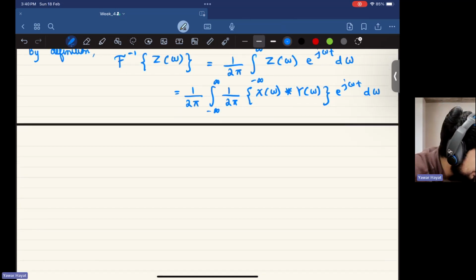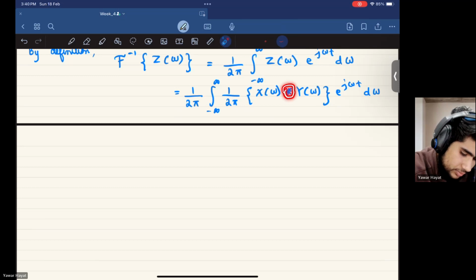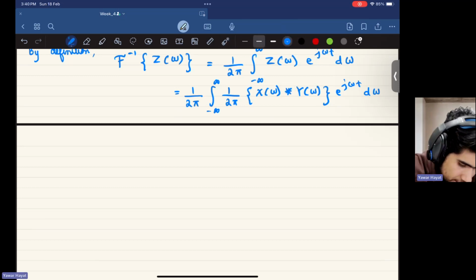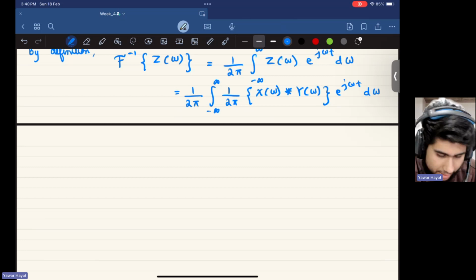Then, you all know that this is a convolution operation, right?